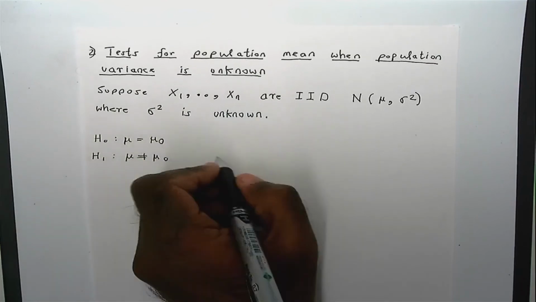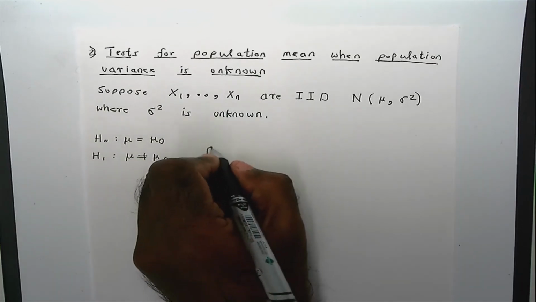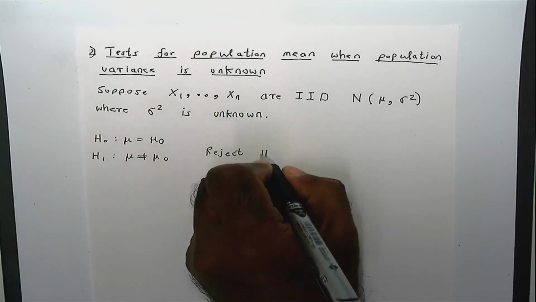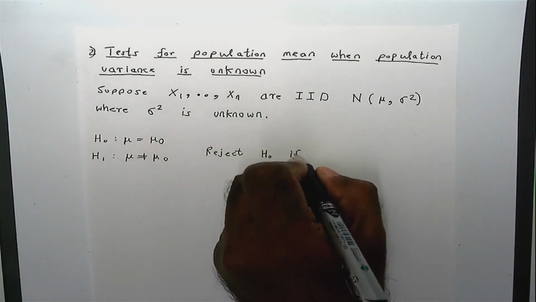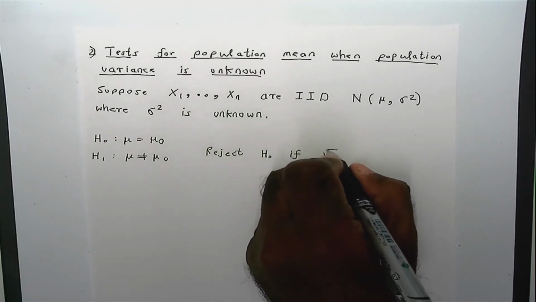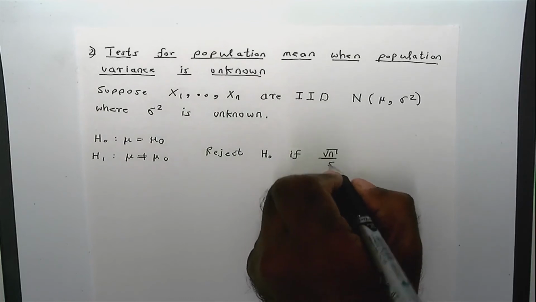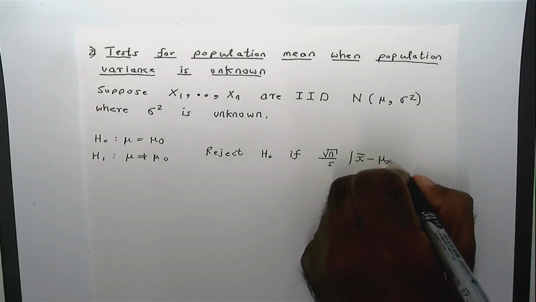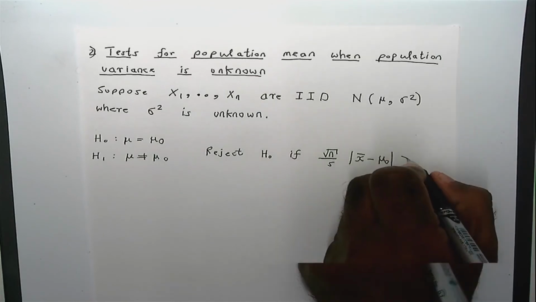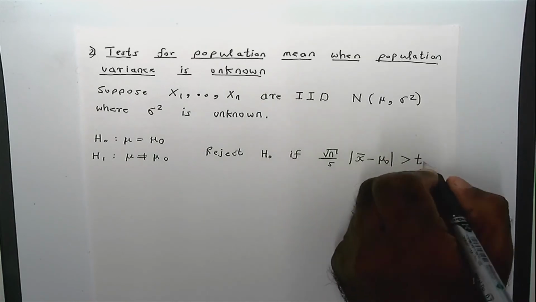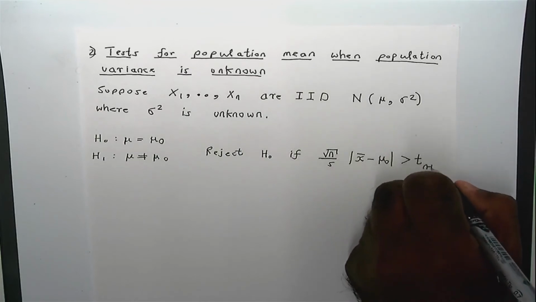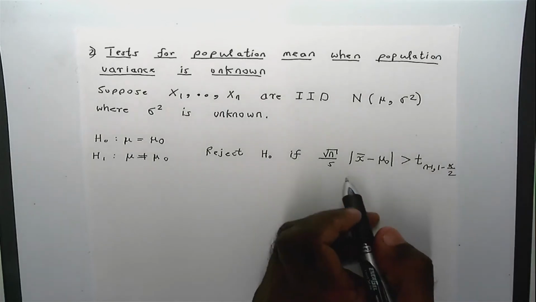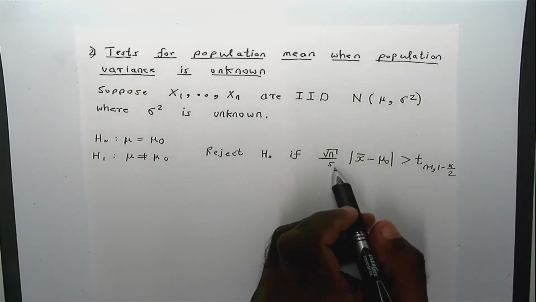In this case, the rejection rule is this. Here, S is the sample standard deviation.